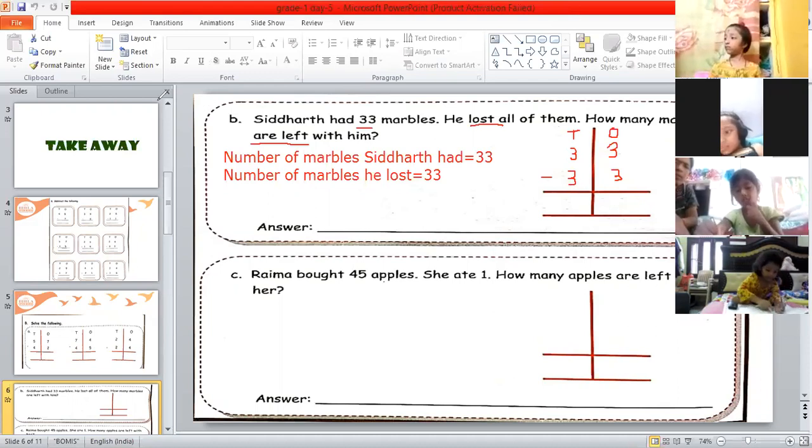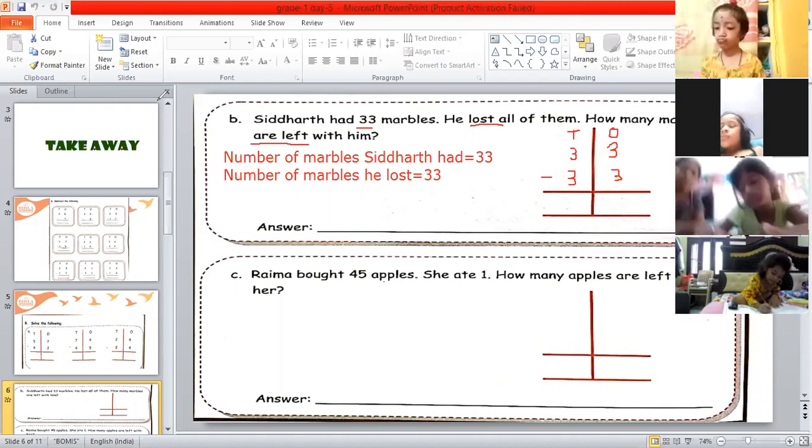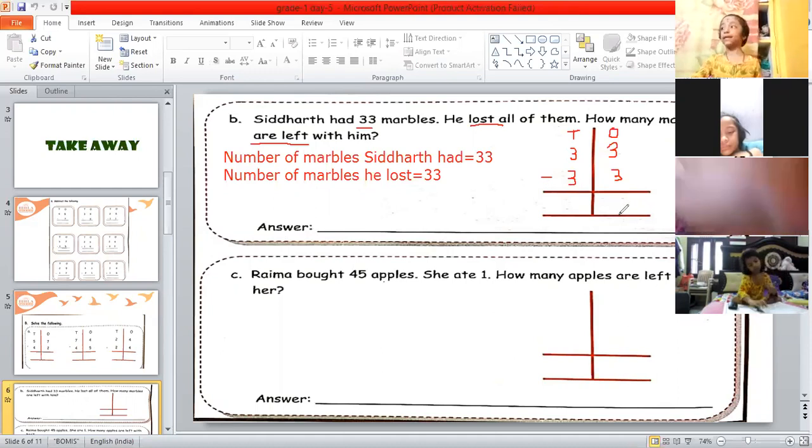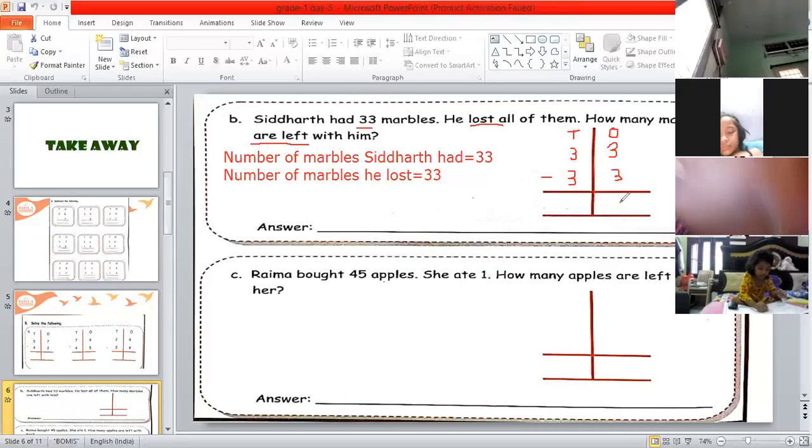Right. Okay, children, I hope till now you all have finished writing this much. Brinda, you tell me what are the numbers in the ones place? What are the two numbers in the ones place? 3 and 3. So tell me, 3 minus 3, how much, Brinda?